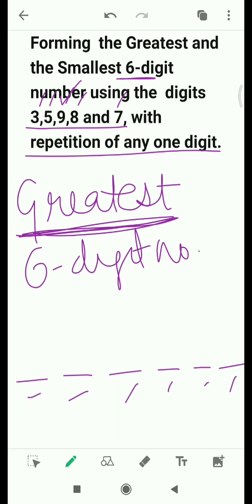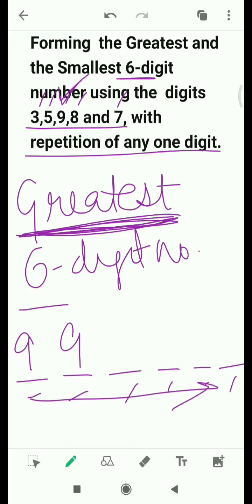While you are making the greatest number, you have to repeat the greatest digit. Since we have the greatest digit 9 here, we will repeat it like this, 2 times 9, right? Now, while making the greatest number, we arrange the rest of the digits in descending order.